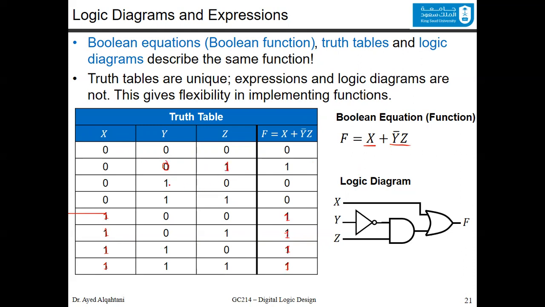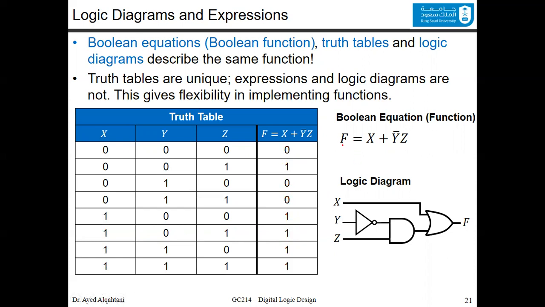Here we have the y equal to 0 and the z equal to 1. The result is going to be 1. Notice that there is a duplication here, which is fine. After you fill up all the terms, the ones that represent them in the truth table, the other rows will have a 0. This is the way to fill up the truth table if you have a Boolean function.